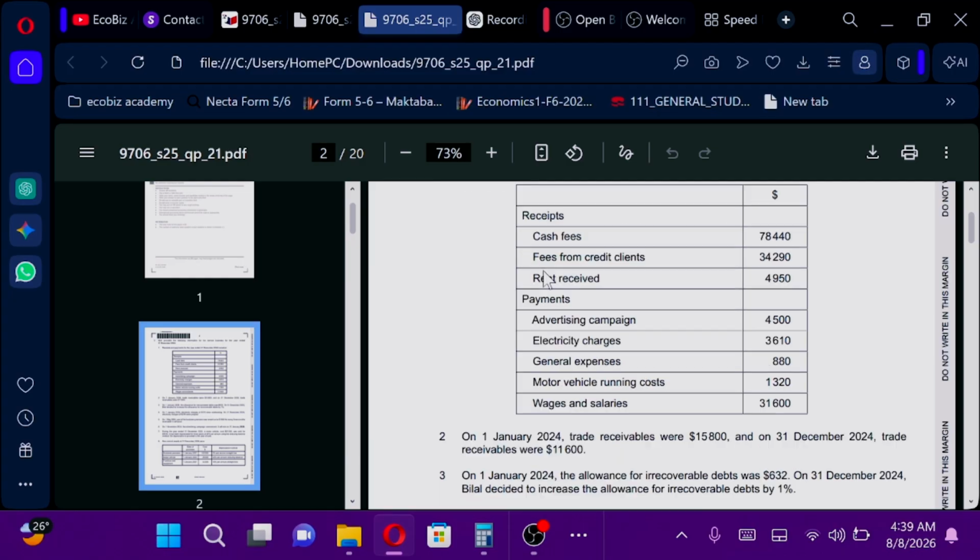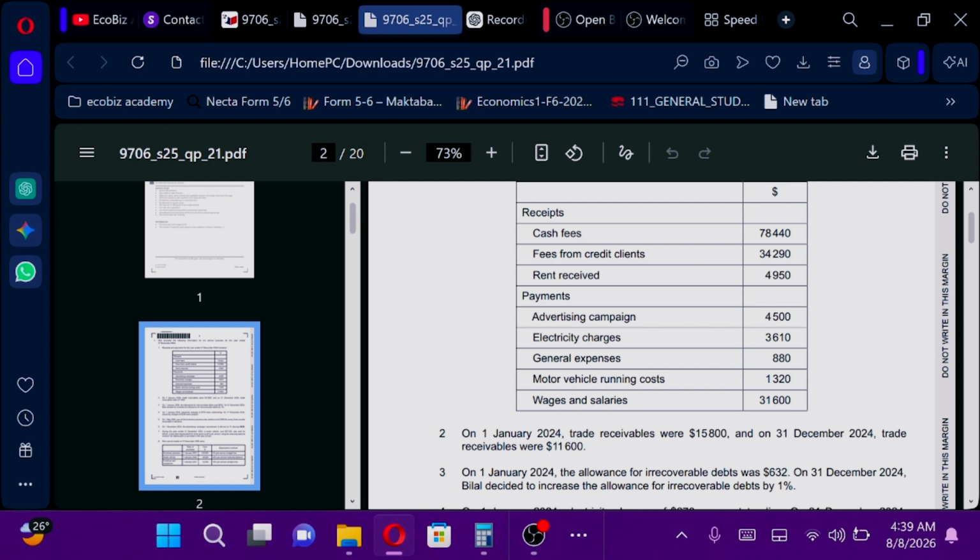To find the credit fees, which is the harder part, we will take the trade receivables information here. It says on 1st of January 2024, trade receivables were 15,800. And on 31st of December 2024, the trade receivables were 11,600. What this basically means is that at the beginning of the year, we started with trade receivables of 15,800.